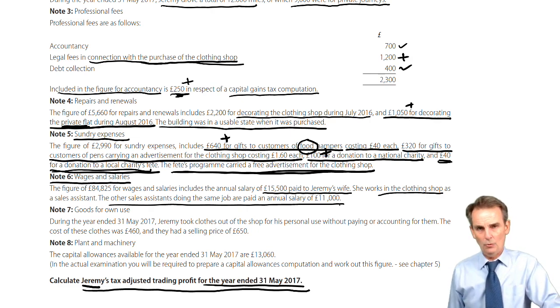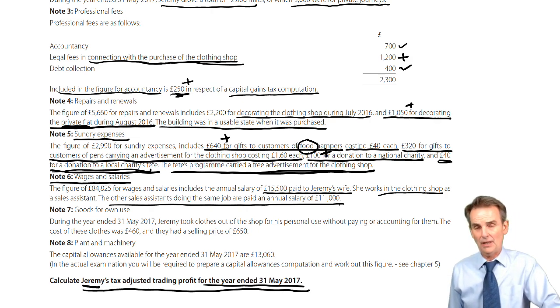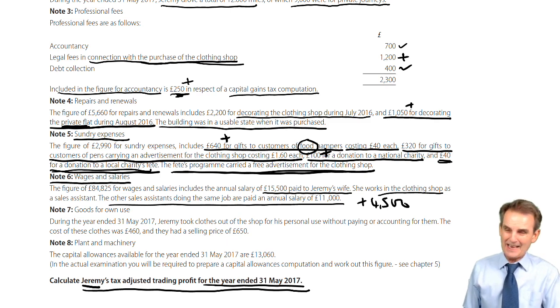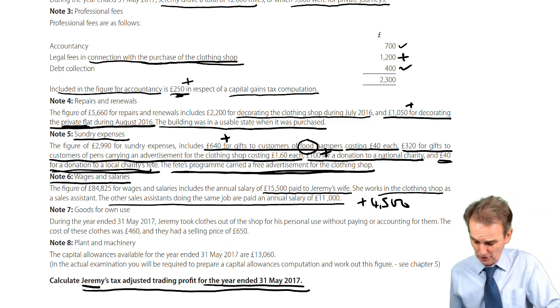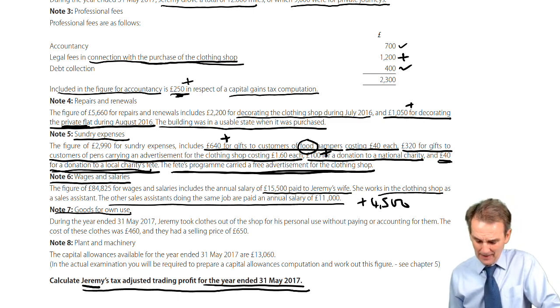We're paying above a normal commercial rate to a family member. Commercial rate 11,000, actually paying 15.5. What is the difference? Plus add back 4,500, the excess above the normal commercial rate. Add it back.